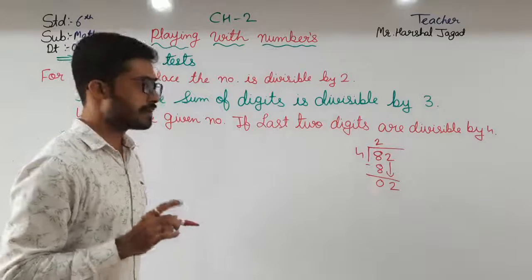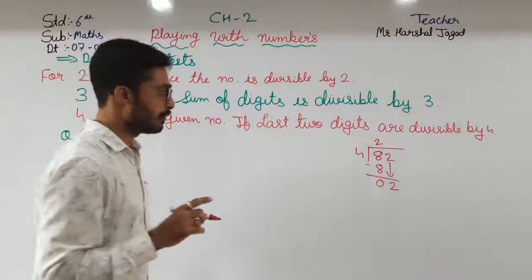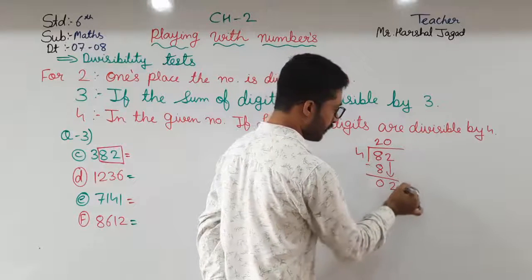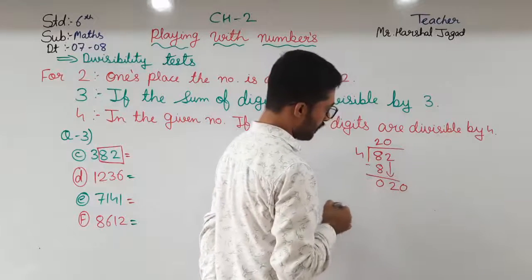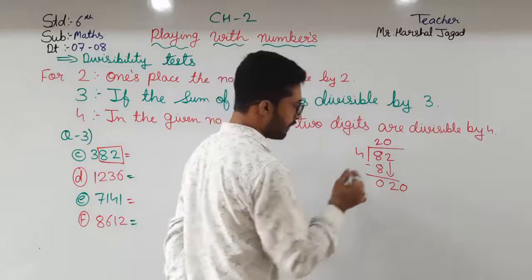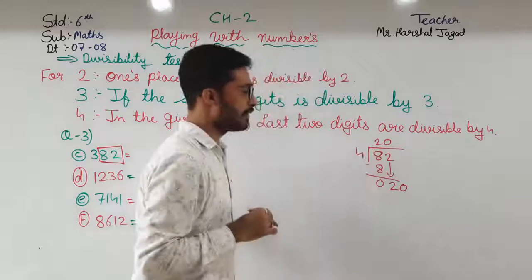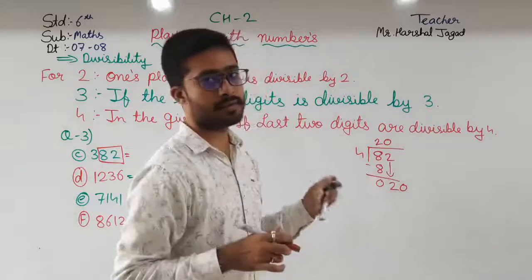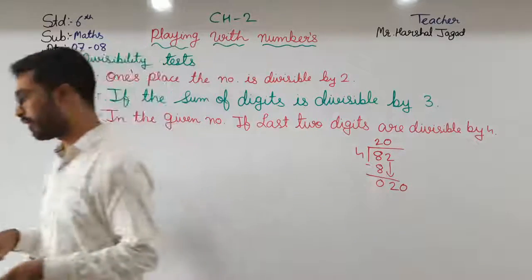We could put a point and continue, but this cannot be divisible by 4, because the last two digits are not divisible by 4.